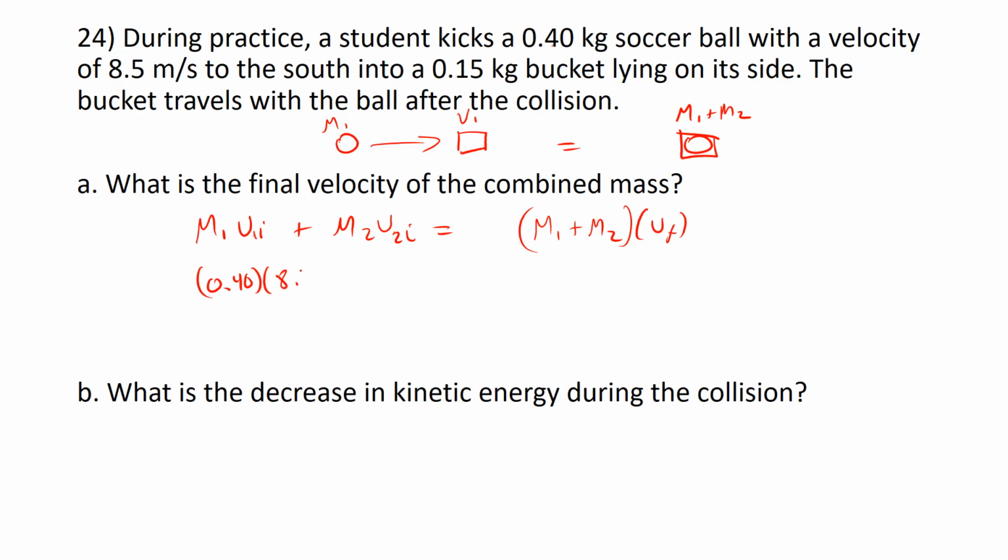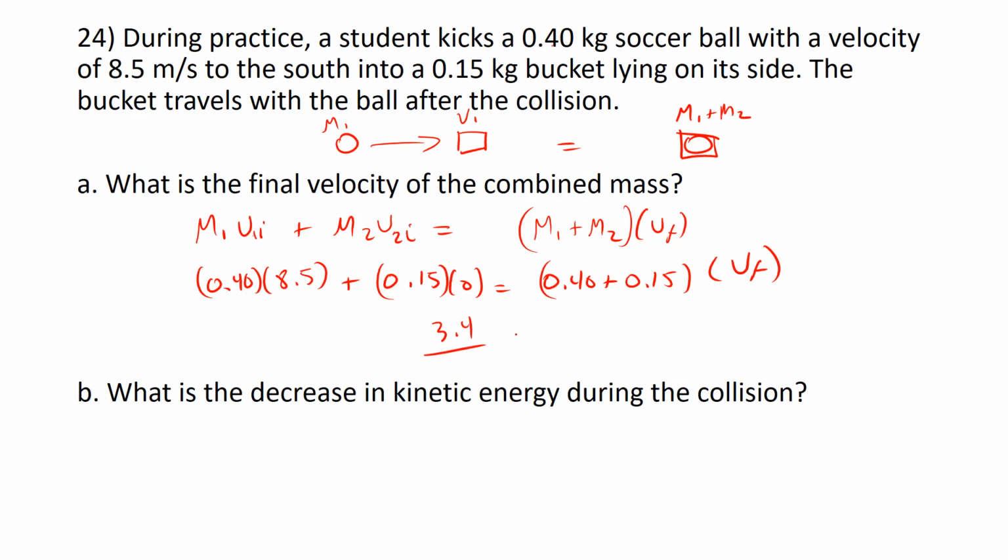It has a velocity of 8.5 meters per second, and it's just a bucket lying outside, not doing anything. So it's going to have an initial velocity of 0. And when they stick together, their masses are going to add together. So the 0.4 plus the 0.15 will add together, and it's going to be traveling at a final velocity that we'll be looking for. So we plug that in, 0.4 times 8.5 equals, and we get 3.4.